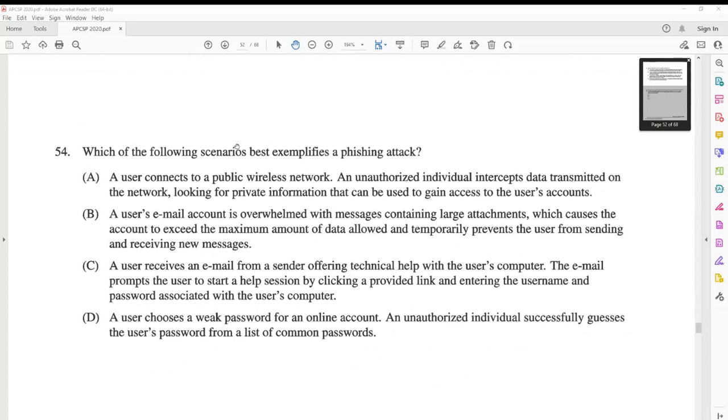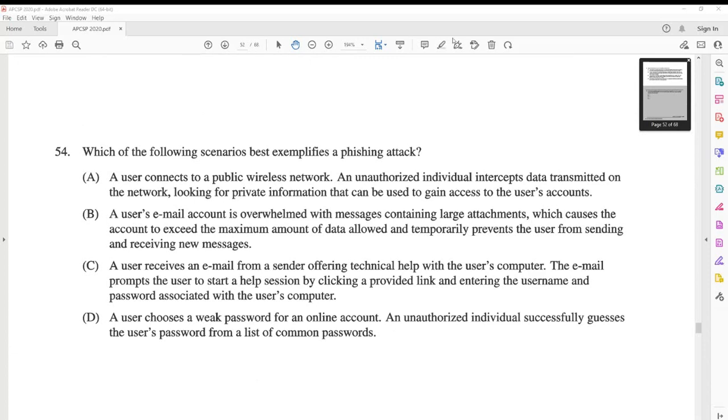Number 54, which of the following scenarios best exemplifies the phishing attack? A phishing attack is when someone sends you a fake website or email and tries to take your email address or your personal identifiable information. So which one is an example of this?